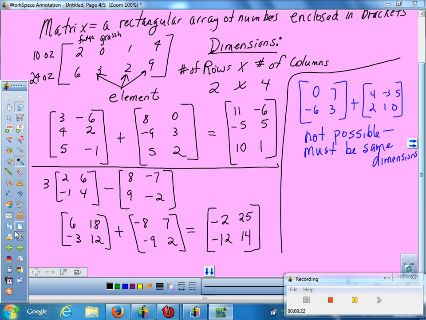A lot of times, this can actually be used to solve equations. You remember back in Algebra 1, if I gave you 2x plus 3 equals 8 and x minus 4y equals 11, and you did substitution or elimination to solve for x and y? We'll actually discover when we get to that section that we can solve that with a matrix equation, probably faster than anything else, particularly if you use the calculator.